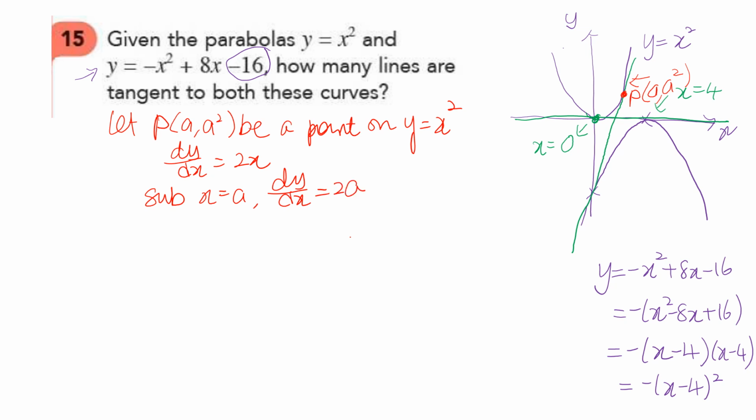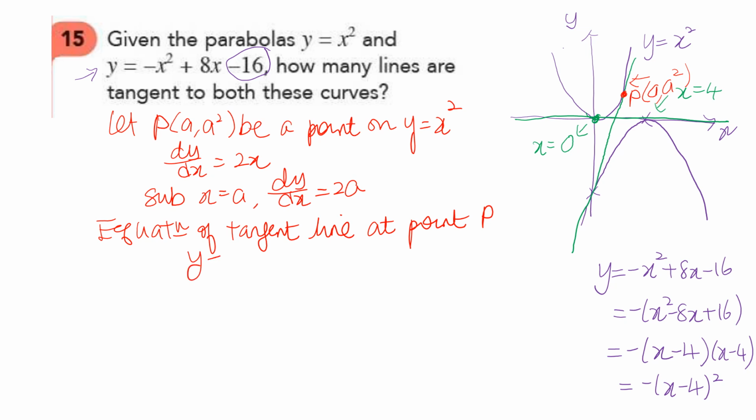So the equation of the tangent line at point P will be y minus y1. The equation I'm doing, we've done it many times already, so I'll just write it down again for some of you. So y1 is a squared, the gradient is 2a, x1 is a. So we're going to simplify it.